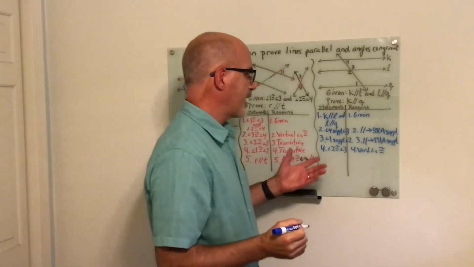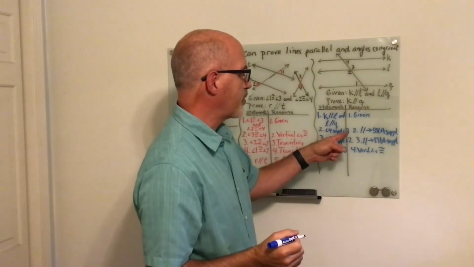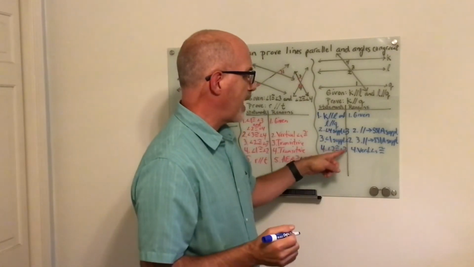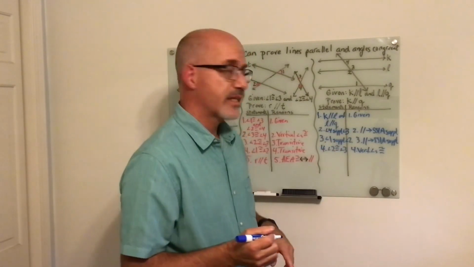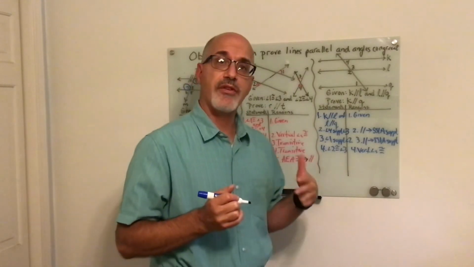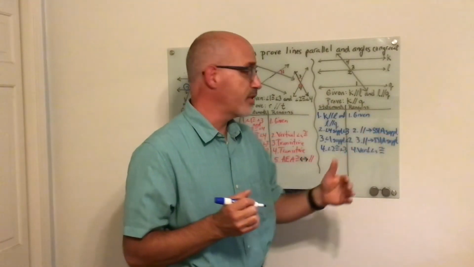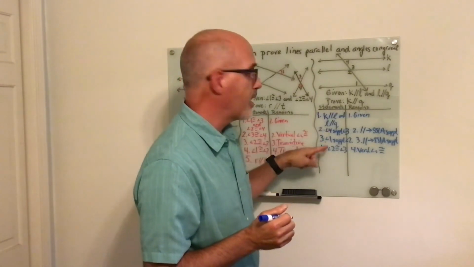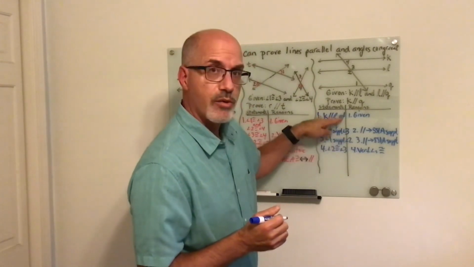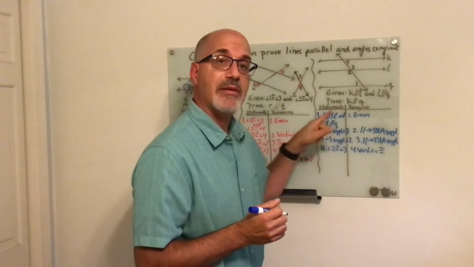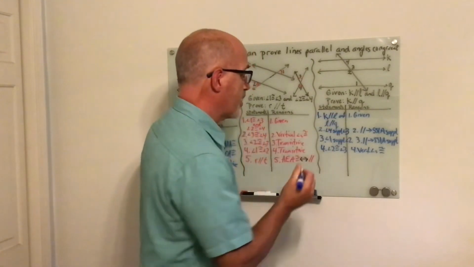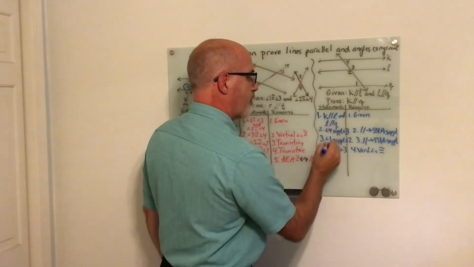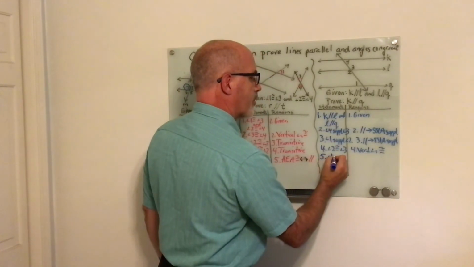Now what I've got is that angle 4 is supplementary to angle 3, angle 1 is supplementary to angle 2, and these two angles are congruent. What I have is another theorem that we've already proven to be true, that if 2 angles, 4 and 1, are supplementary to congruent angles, they themselves are congruent. So I'm going to state that here, that angle 4 and angle 1 are congruent.